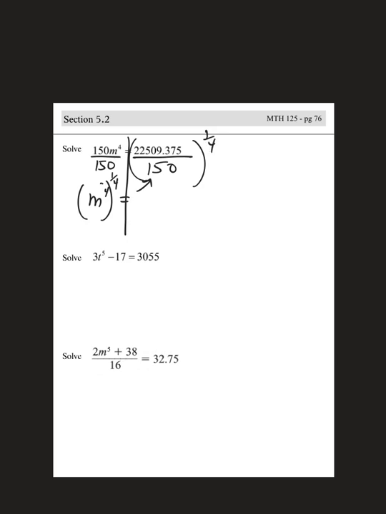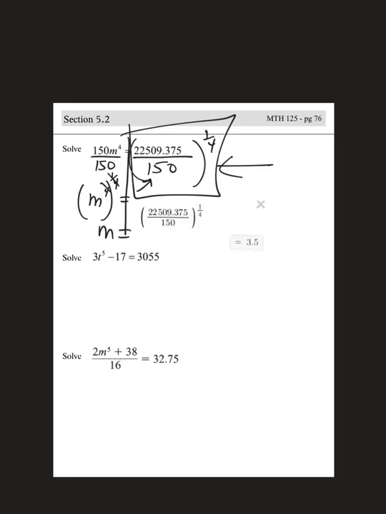That allows me to cross cancel my 4's. M is alone. This is what goes in my Desmos: 22509.375 divided by 150, raised to the power of 1/4. There it is, folks. So I put this in the calculator. My result is going to be 3.5.